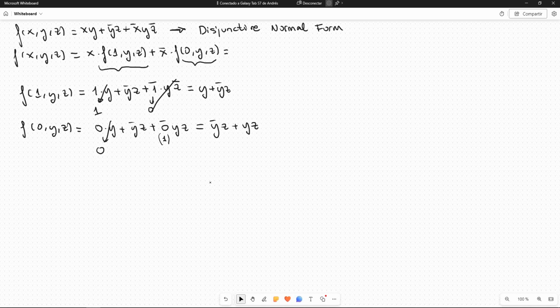So we are going to replace this subfunction here above. This z is negated, sorry. Okay, I'm going to remove this to have more space.